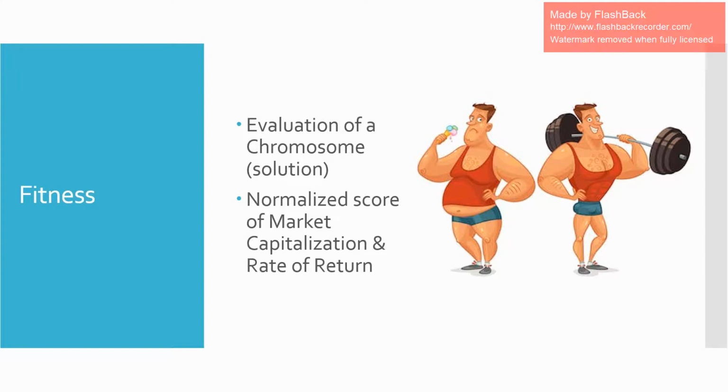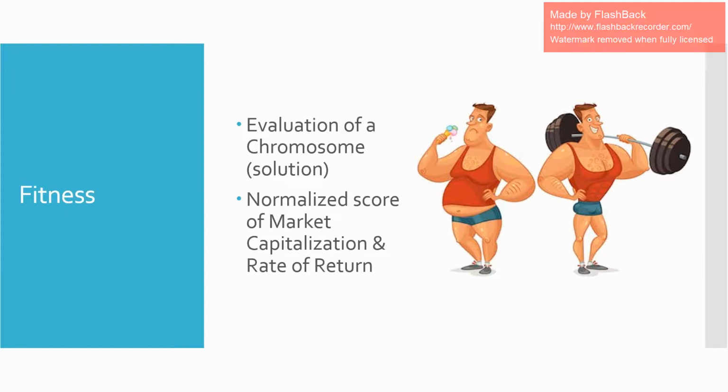I chose rate of return to evaluate on because it throws the concept of loss into the overall evaluation. So market capitalization will always be positive, but rate of return can be negative. Even if a company has a very large market capitalization, they could simultaneously have a negative rate of return.